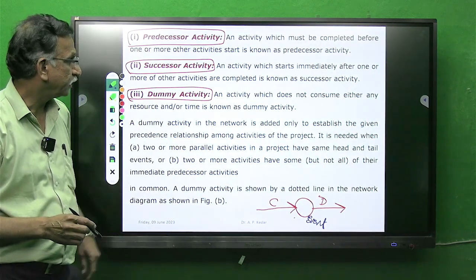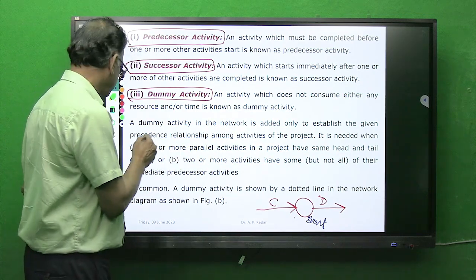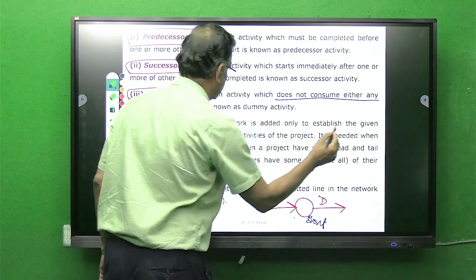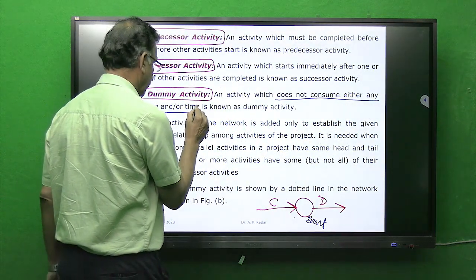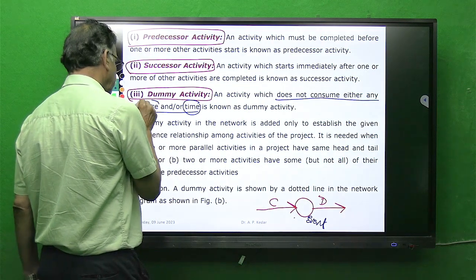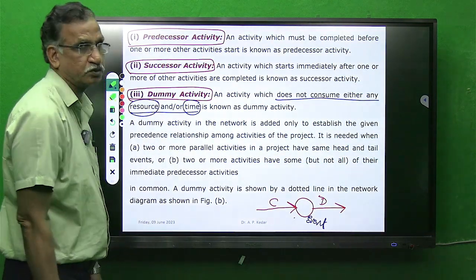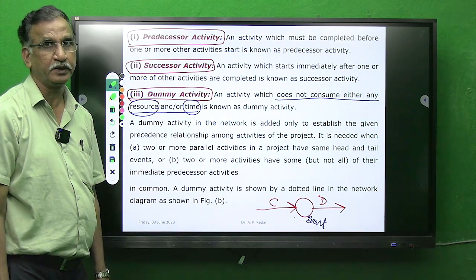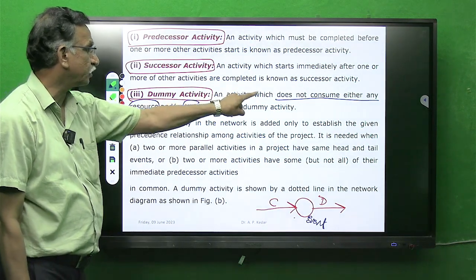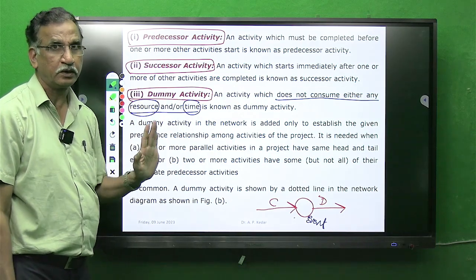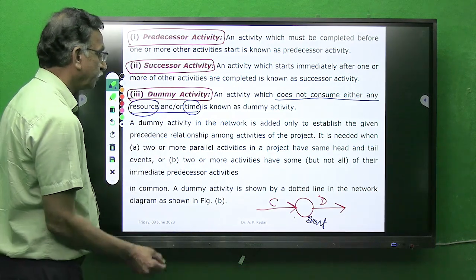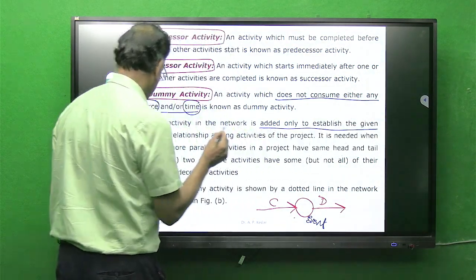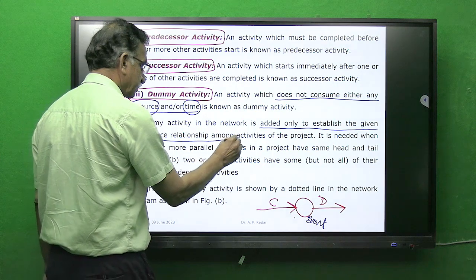Now this dummy, as mentioned many times, does not consume any resource or time. An activity which does not consume resource or time is called a dummy activity. Then what is it? It is added only to establish the given precedence relationship.